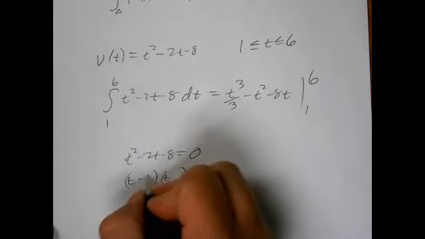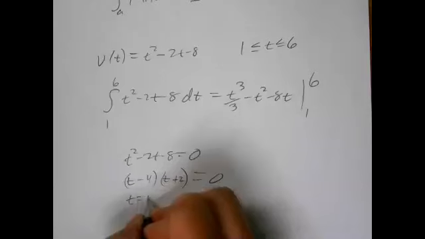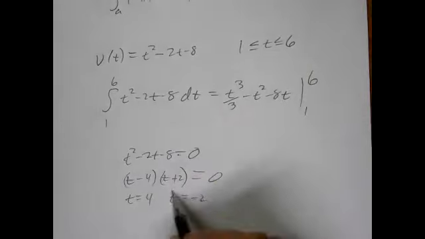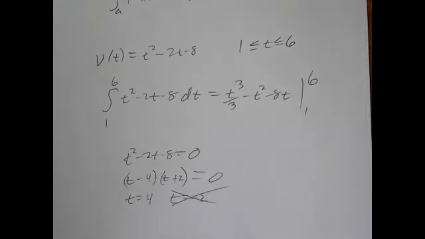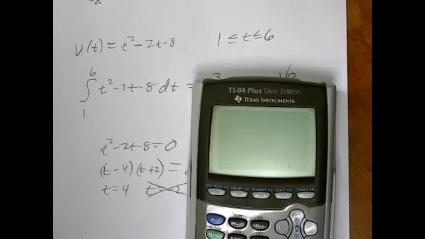Let's see, minus 4 plus 2. Right, so that gives you t equaling 4 and t equaling negative 2. Our time frame is from 1 to 6 seconds, so that's not relevant. So basically what happened is this thing came to a stop at time 4 seconds.